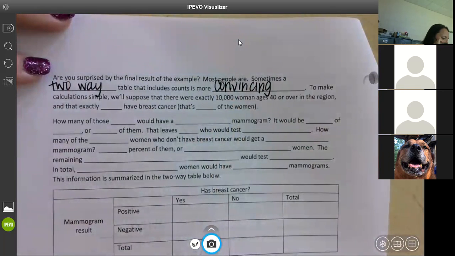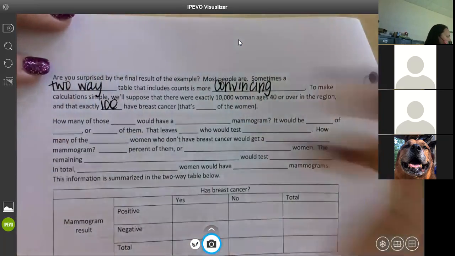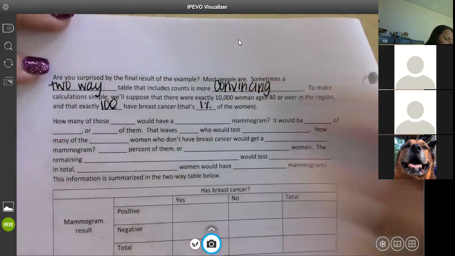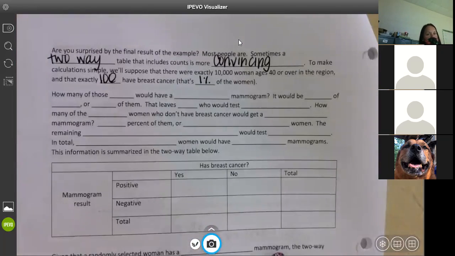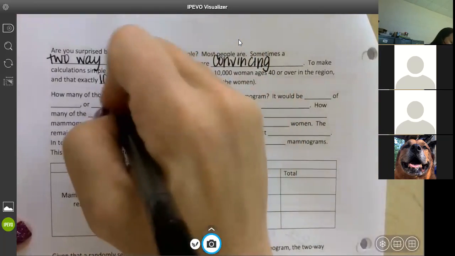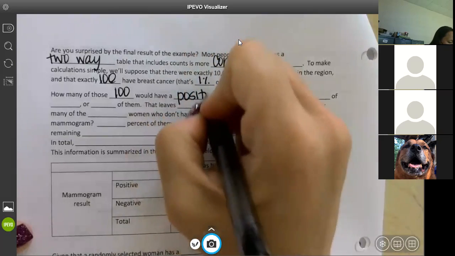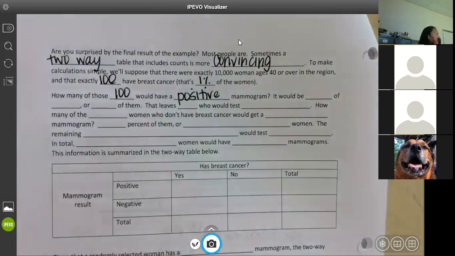To make calculations simple, we'll suppose that there are exactly 10,000 women ages 40 or over in the region, and that exactly 100 have breast cancer. That's 1% of the women. So they just made easy numbers for you, okay? How many of those 100 would have a positive mammogram? So it's just showing you in a chart now instead of in that tree diagram.